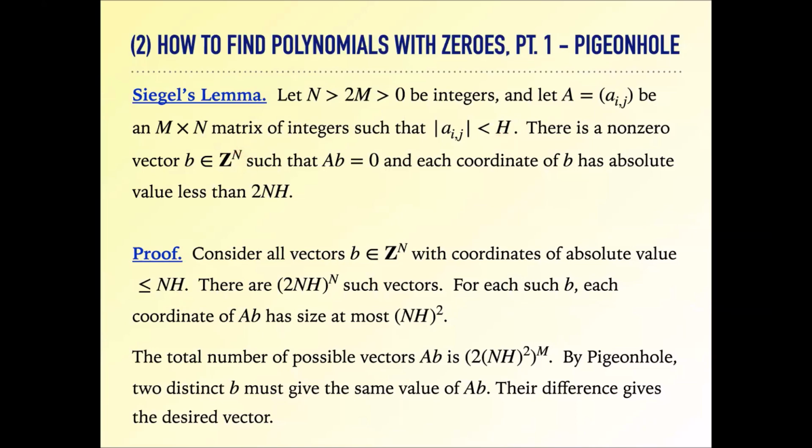So the size of the absolute value of each coordinate is at most n squared h squared. Now, how many possible vectors are there?